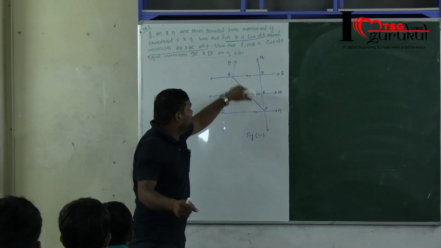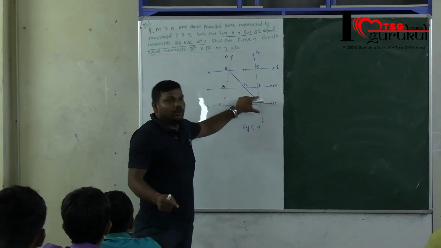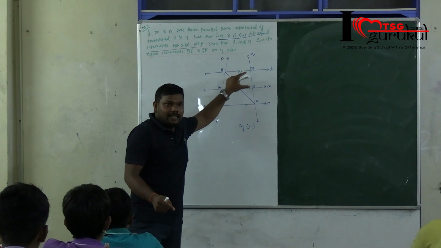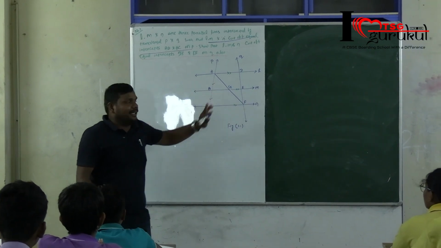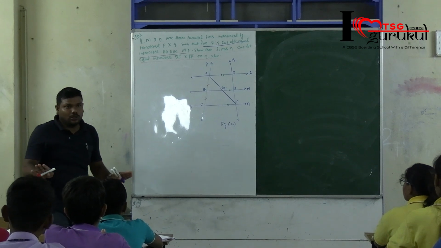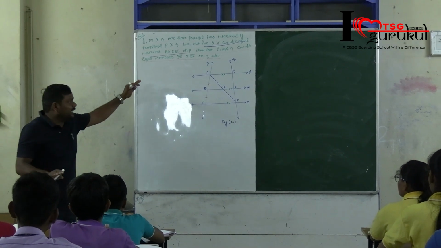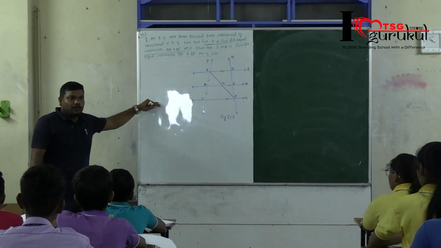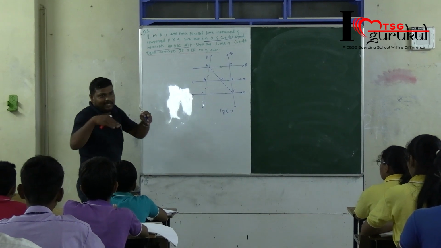If we show that DE equals EF, then we can write that E is the midpoint of DF. Everyone understood what is given and what will be proved?